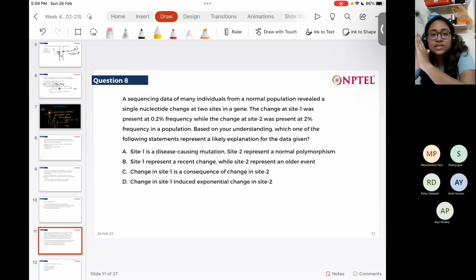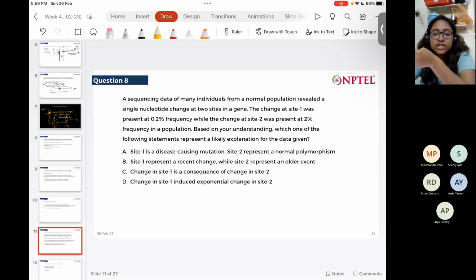But what we can see is that the frequency of occurrence of change at site 1 is much lower than the frequency of change at site 2, right? So we can only say that the change at site 1 has occurred for the first time, a new mutation which is yet to be propagated within the population.